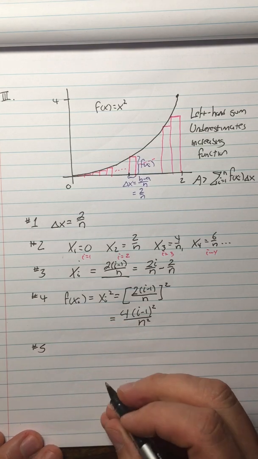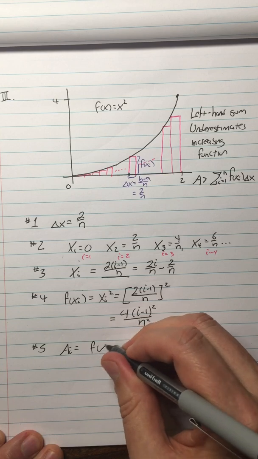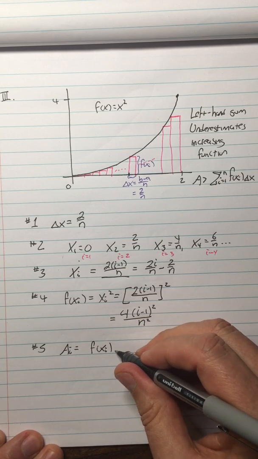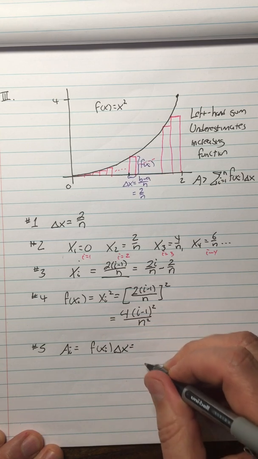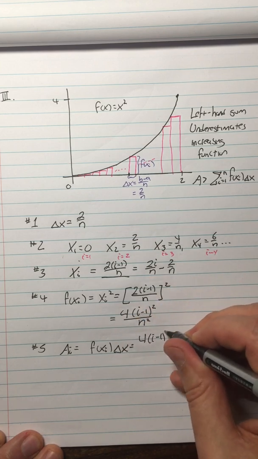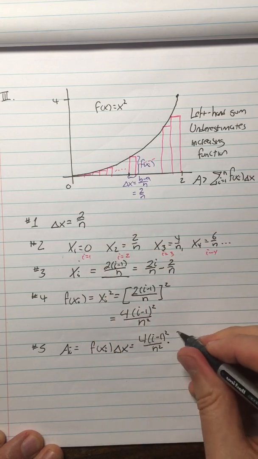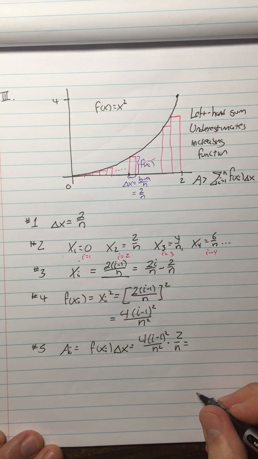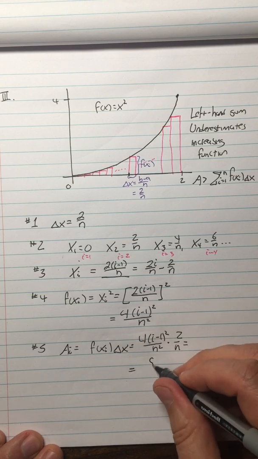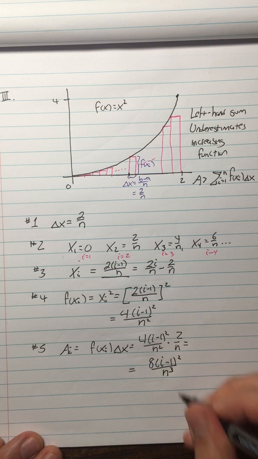Number 5, what is the a sub i? The area sub i is f of x sub i delta x. That's equal to, here's my f of x sub i right here, 4 times i minus 1 squared over n squared, times my delta x, which is 2 over n. So I'll put this down here: 8 times i minus 1 squared over n cubed.